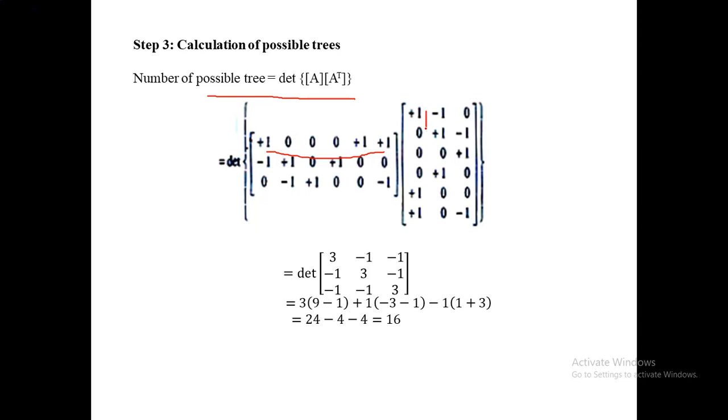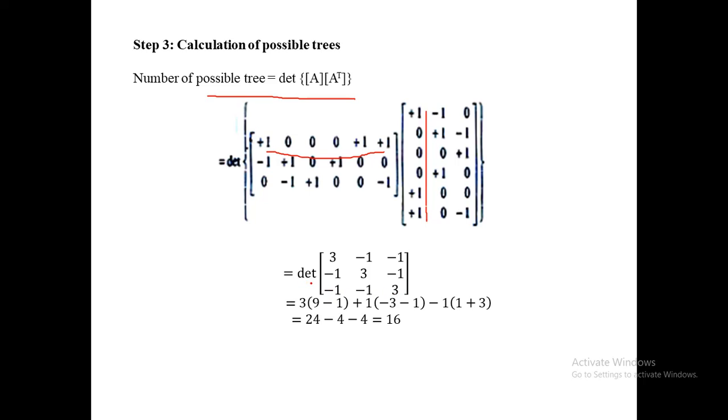First row into first column, we got the answer 3. Then first row into second column, we got -1. Similarly, first row into last column, we got -1. Then we multiply the second row into the first, second, third columns and get the second row. Similarly, we can do the third row also.